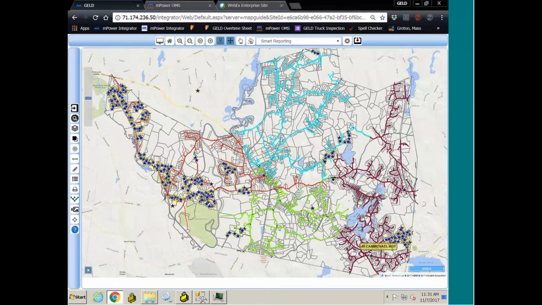So at least this way I can delegate the crews to the worst areas first, and then as we get information, the severity of the outage, the amount of work involved, then we can reassign people as needed.